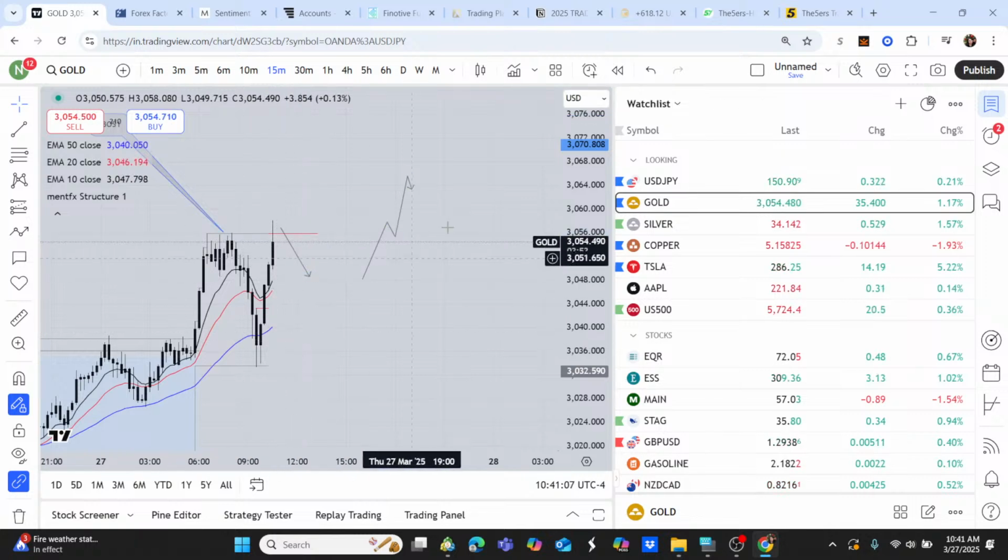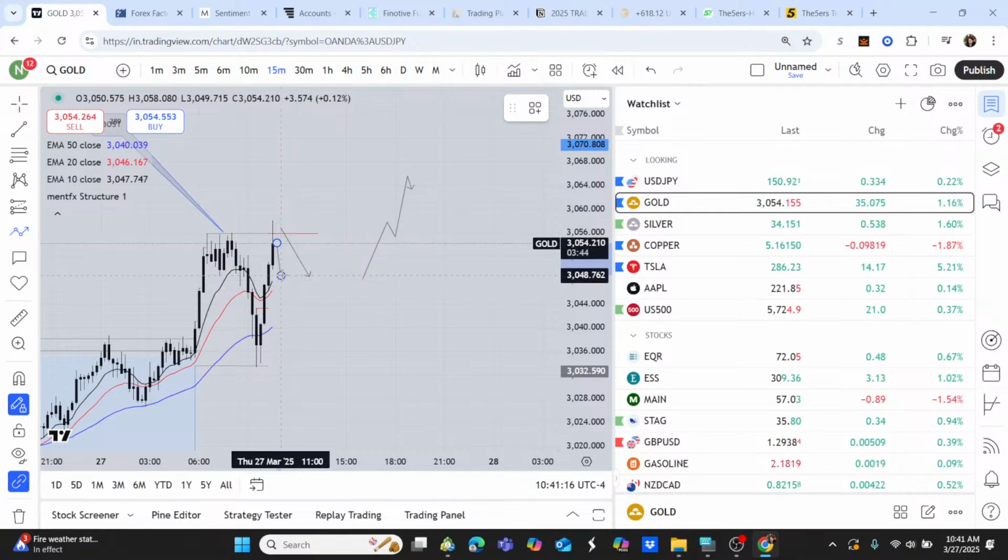So let's see. If this candle closed right now, it'll be 10:45. If I imagine a candle coming down, maybe like this, it'll be like 11 o'clock. Then it will be like 11:15, then 11:30, 11:45, 12 o'clock.